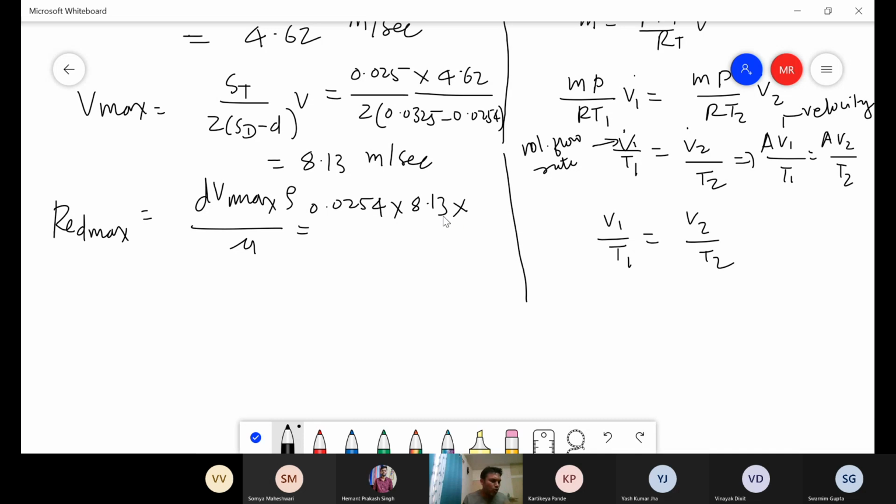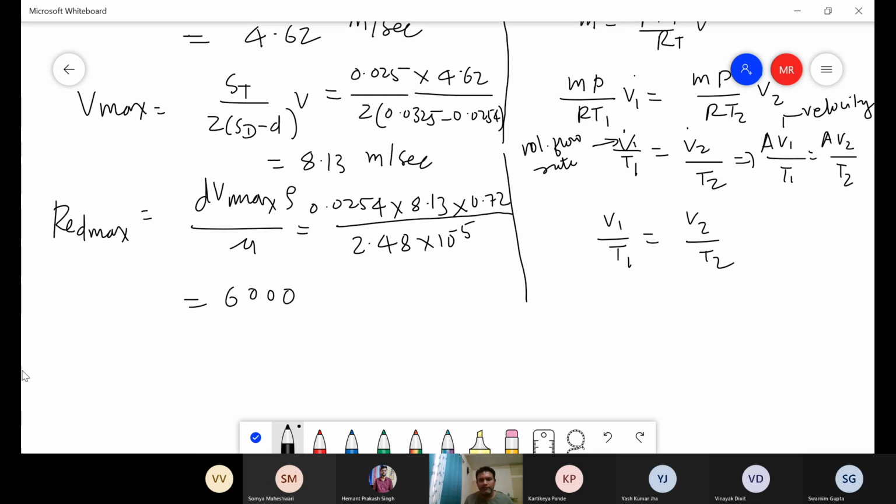Rho, the new density value which is given at 210.5 degrees Celsius, that value is 0.72, divided by mu, and mu in this case is 2.48 into 10 raised to power minus 5. So this comes out to be around 6,000.